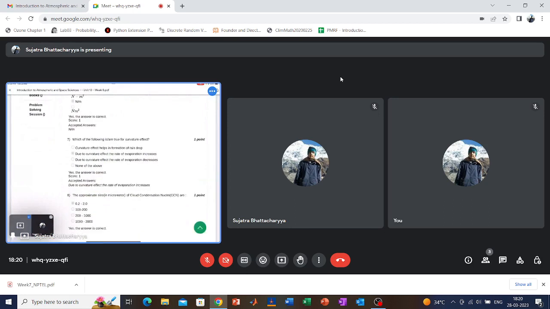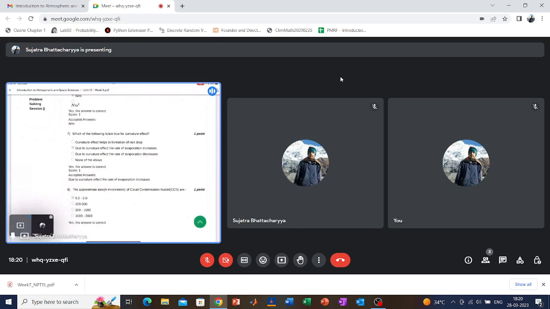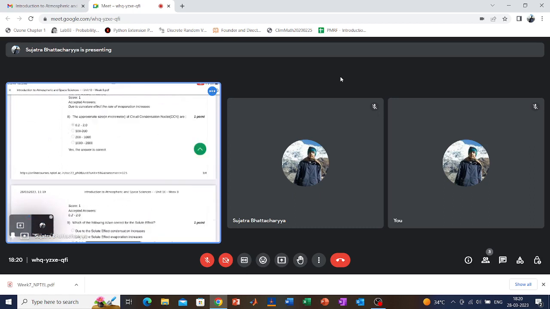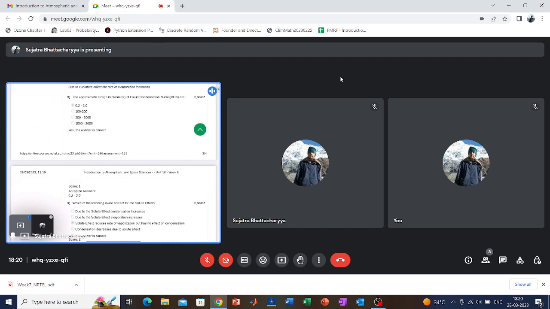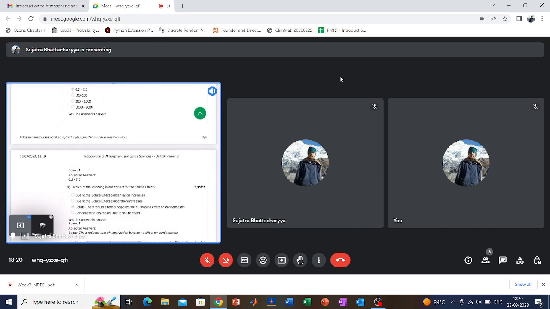Fine. The next question is: the approximate size in micrometer of cloud condensation nuclei is 0.222 micrometer. I have already told this in the initial classes. Which one of the following is or are correct for solute effect? Due to solute effect, condensation increases. See, solute effect has nothing to do with condensation, because what is the meaning of solute effect? You have pure water, and you are dissolving some salts.